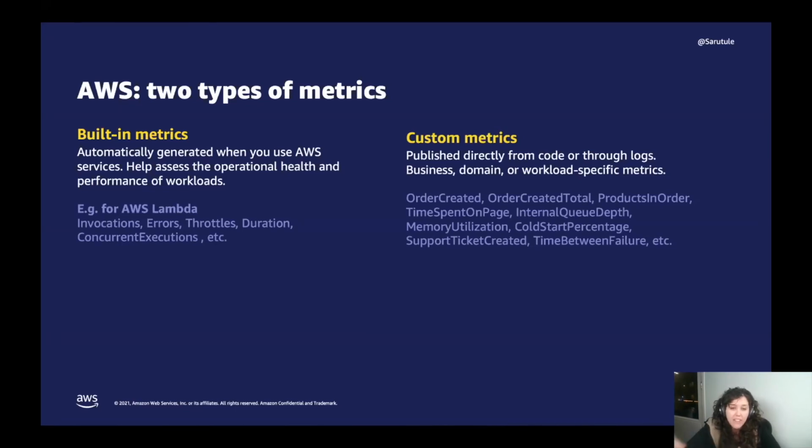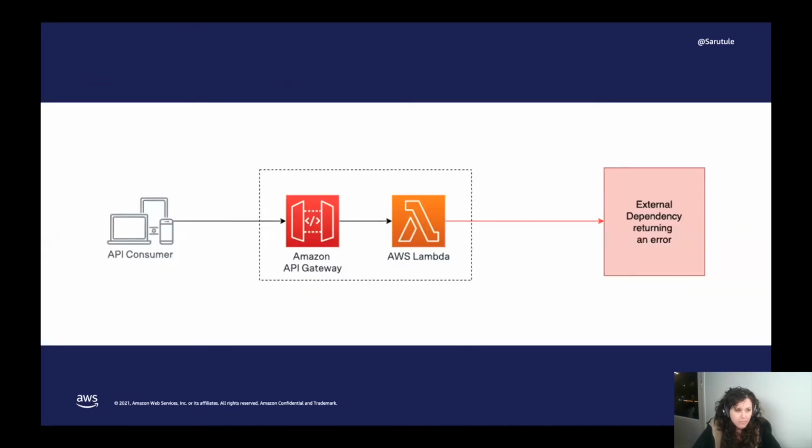Do I see a 500? Does it mean that the error is located in the dependency that I'm calling? Or maybe there is no HTTP status code, which means this may be an error at the TCP level. Maybe there is a firewall on the dependency and I'm not able to reach it. This is information that you can capture through custom metrics and use in your dashboard as well.